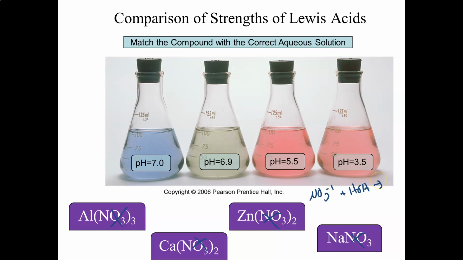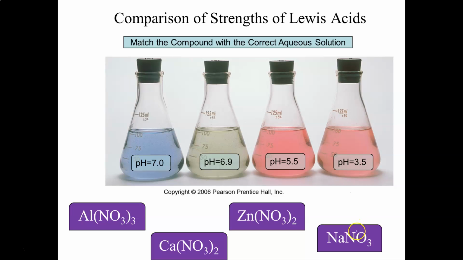If it goes to the hydration equation, you get HNO3 plus OH minus. So that's a strong acid, strong base, cancels out. So the nitrate ion is neutral. Okay, so we don't need to worry about that at all. We want to focus on the cations that are here. All right, so let's do that and see what we end up with.